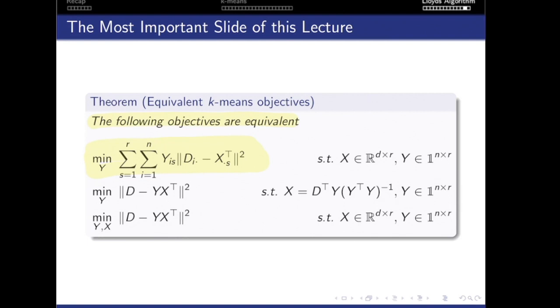And the second objective is a formulation in the framework of rank R matrix factorization, and there we have now the objective to minimize subject to the cluster indicator matrices Y, where X is here given as the matrix returning the centroids column-wise.